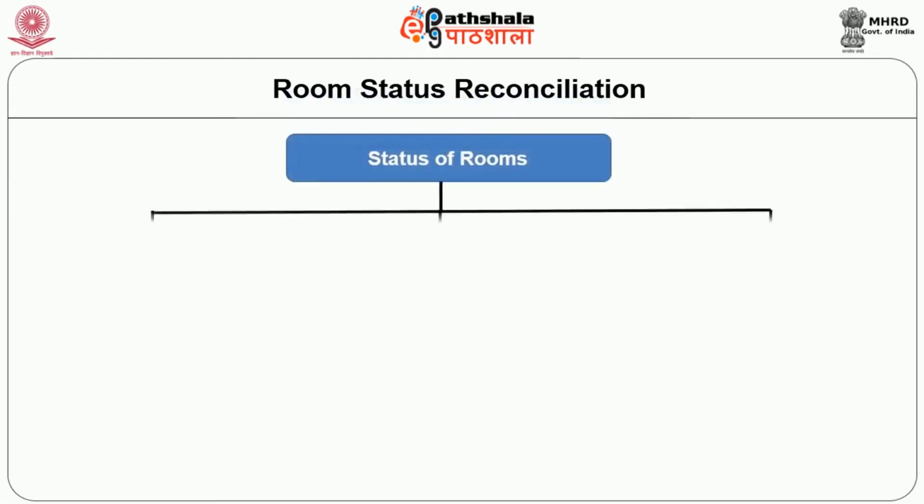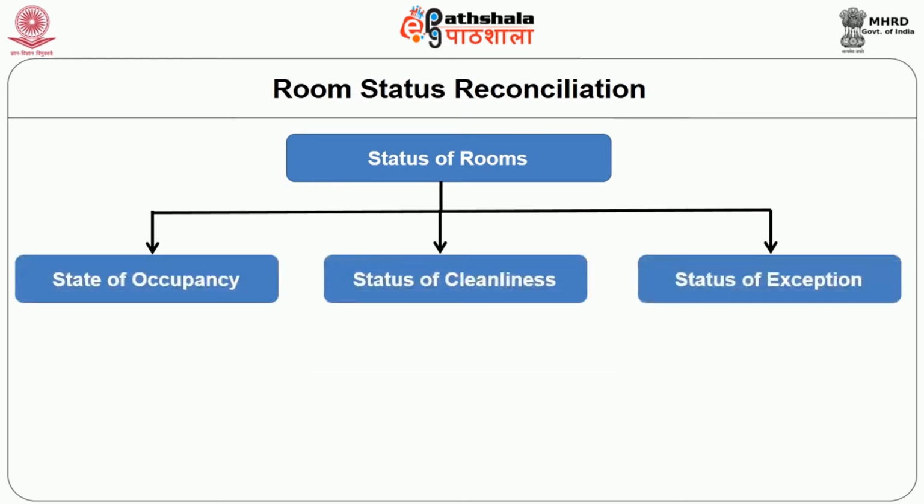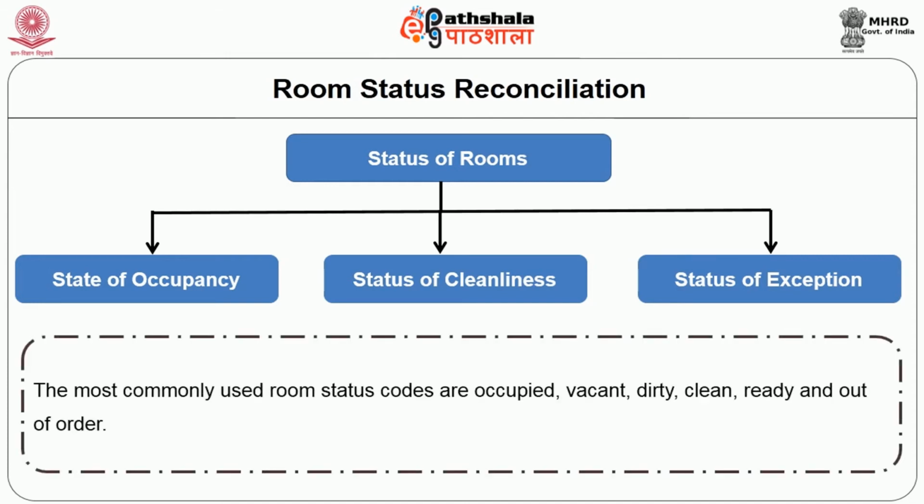Room status categories and designations are grouped by the guest rooms' state of occupancy, state of cleanliness and state of exception. The most commonly used room status codes are occupied, vacant, dirty, clean, ready and out of order. These terms are commonly used to denote the status of the rooms.